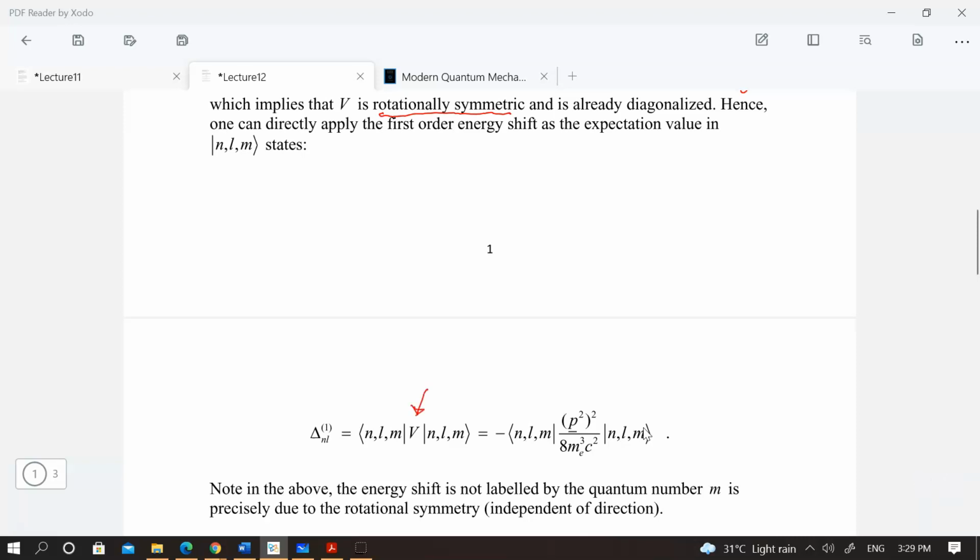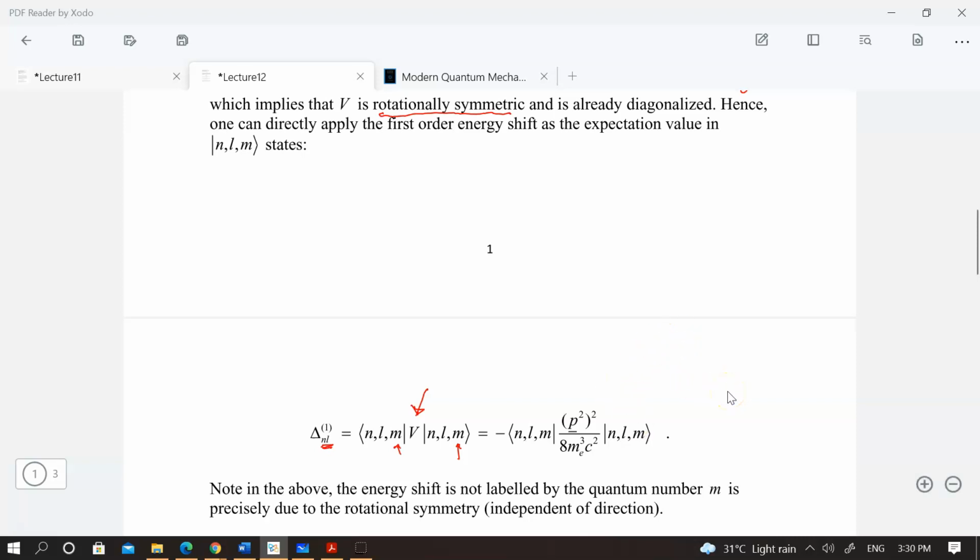In this particular case, the index being written here is only n and l, but it doesn't depend on m. So we already know that this is supposed to be diagonal.